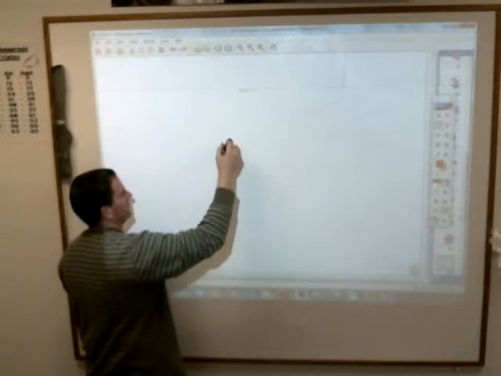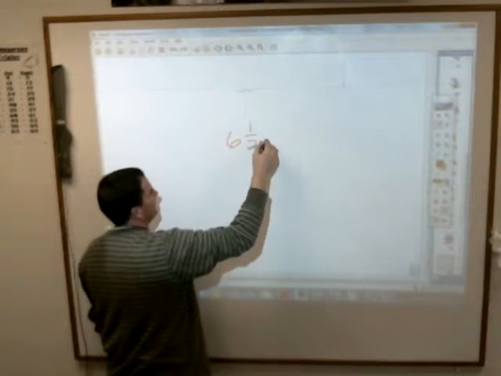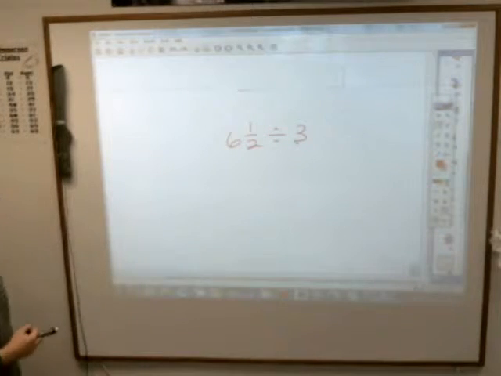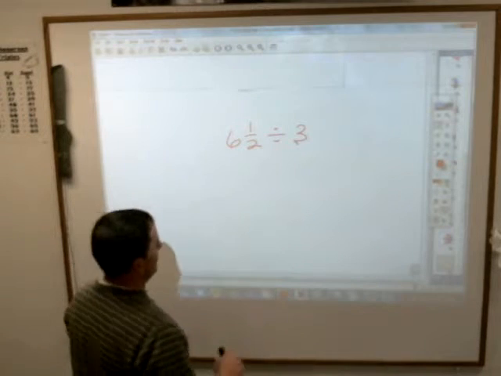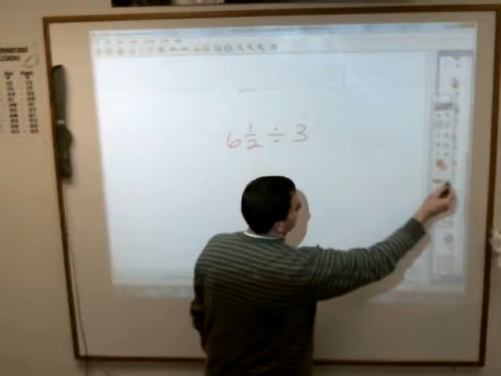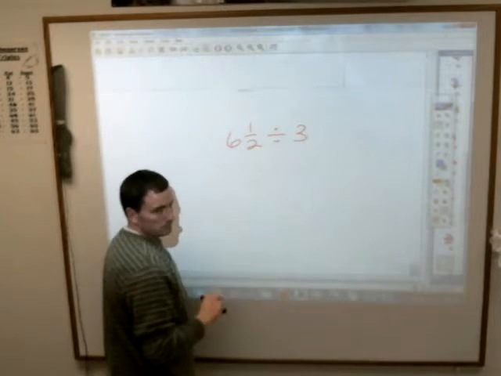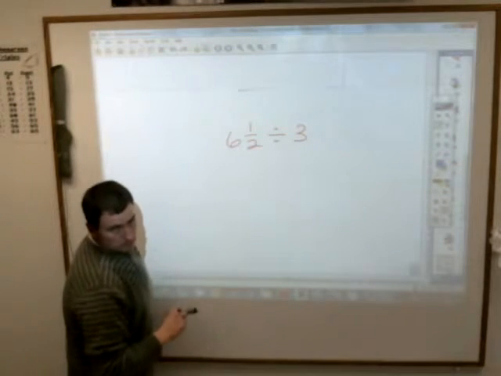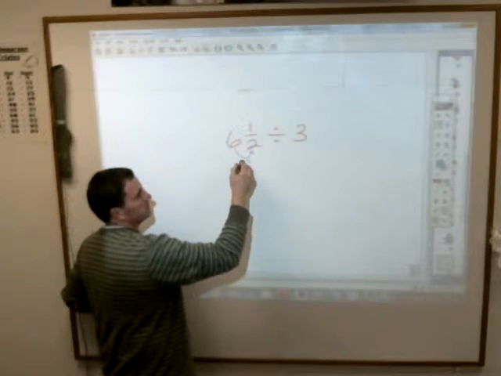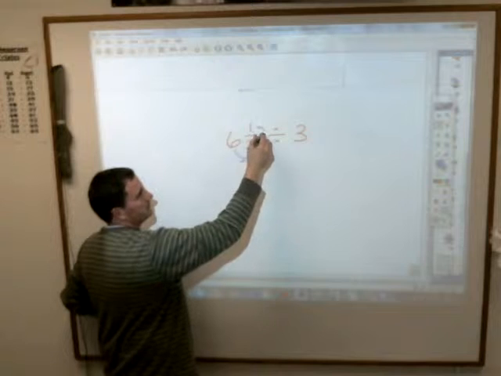How about this one? What about 6 1/2 divided by 3? What do we have to make it? What do those things become? Gabby, 6 1/2 changes to? Not quite. Remember, you multiply by this, 6 times 2 is 12, but then you have to add the top to it.